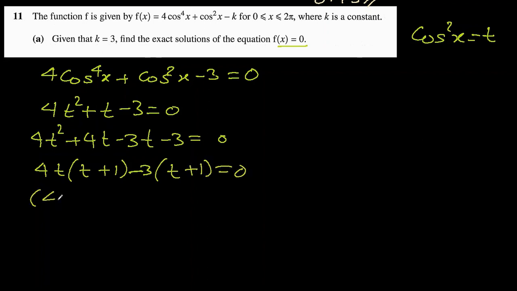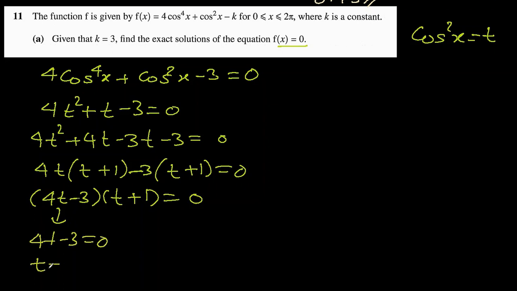So we get two factors, 4t minus 3 and t plus 1. So this gives us 4t minus 3 equal to 0. So t comes out to be 3 over 4. This gives us t equal to minus 1.